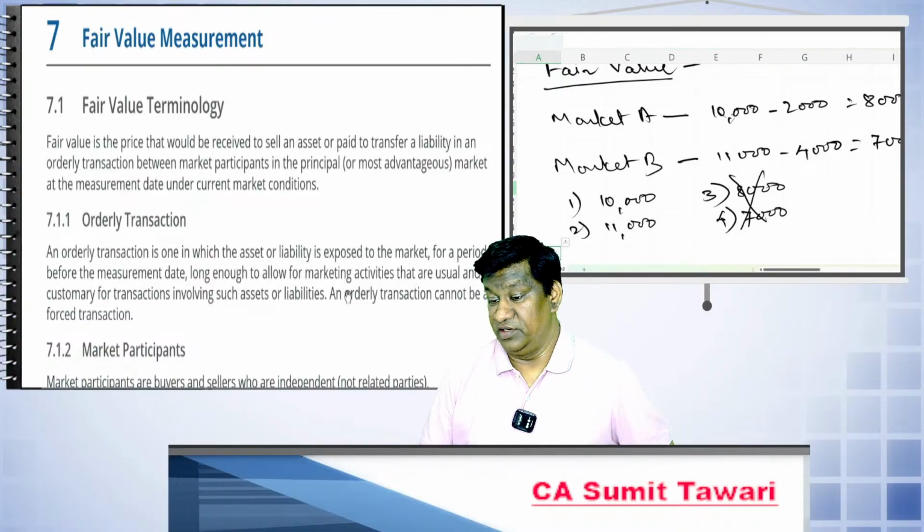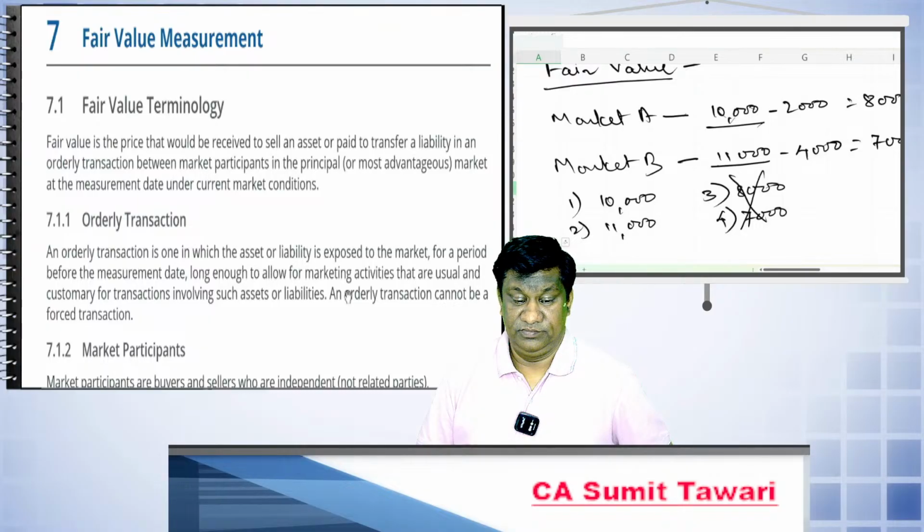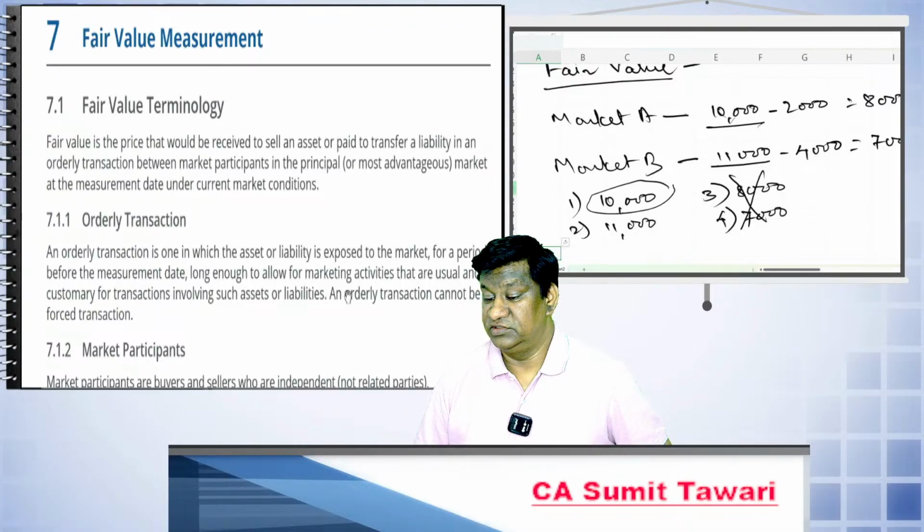Keep in mind, we need to use the value of the asset. The lowest one? Which one? 10,000. Your answer is right, but is it because it is the lowest?